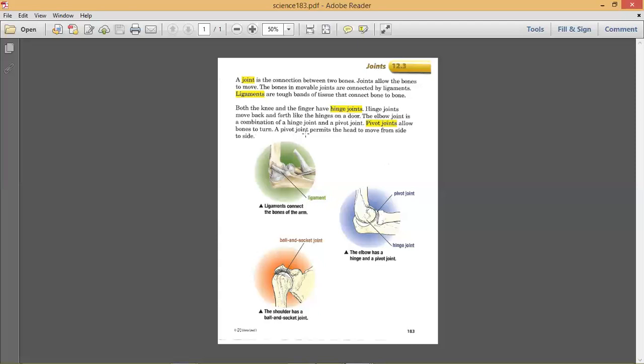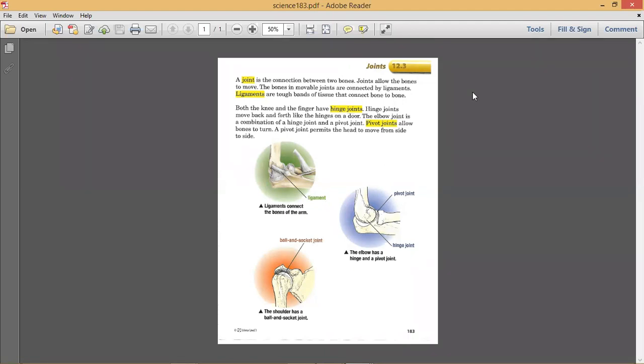A pivot joint permits the head to move from side to side. So here goes your pivot joint. Okay. I am so sorry, I just checked the pronunciation. We say pivot joints. Okay. Pivot.